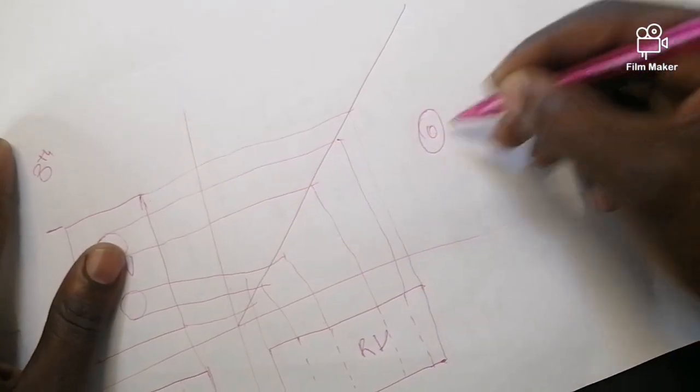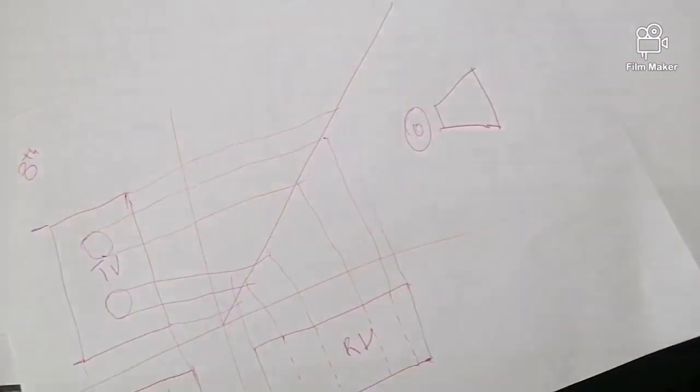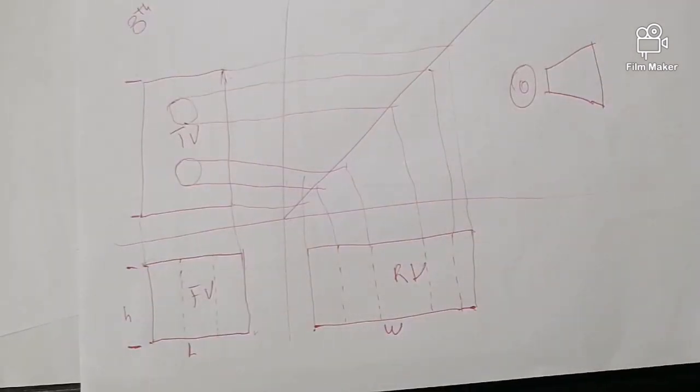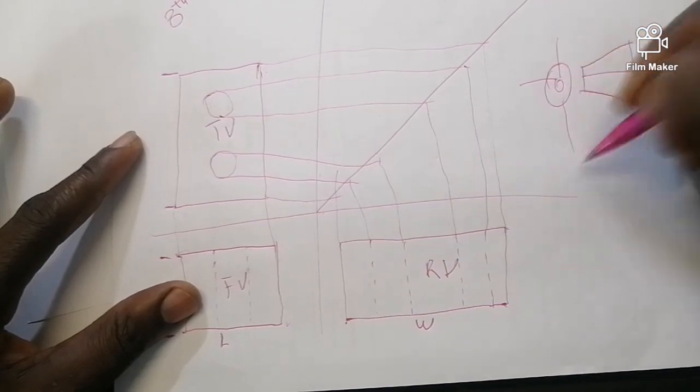They said to draw it according to third angle orthographic projection. And what do you understand according to third angle? You are now drawing isometric according to third angle orthographic projection.